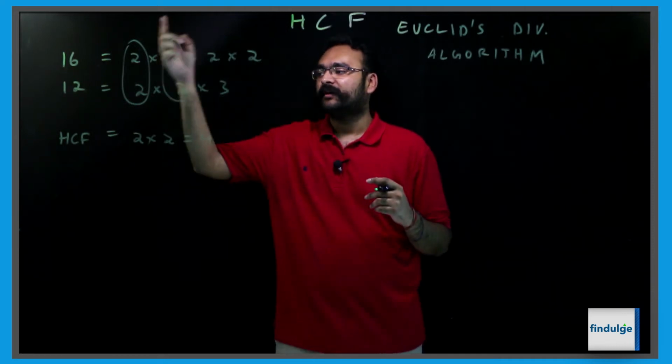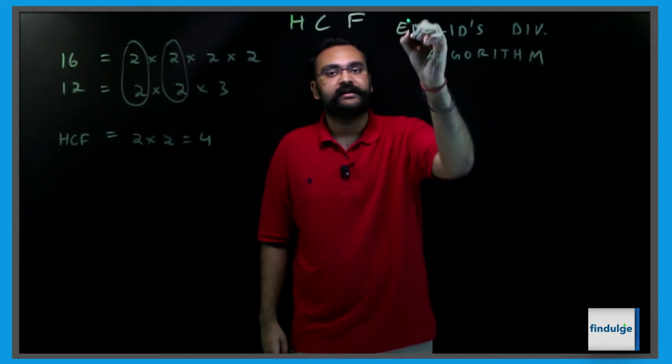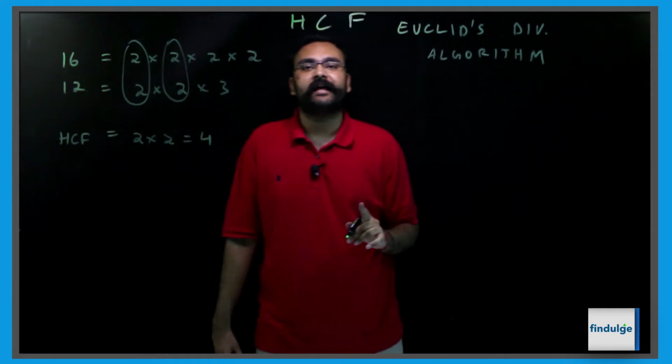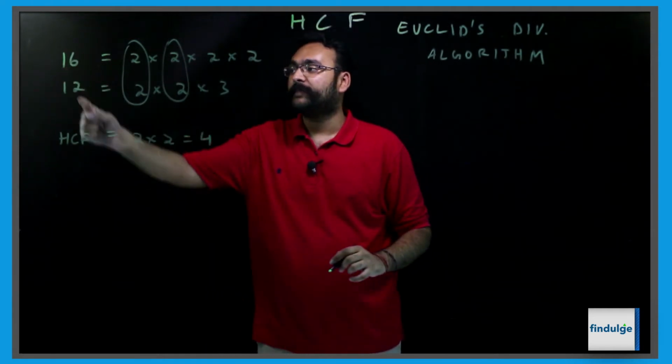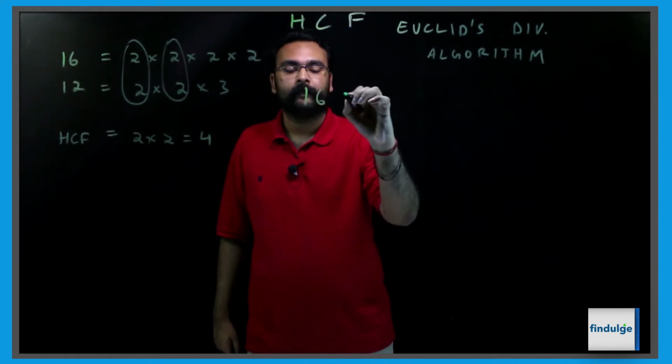In other words, every HCF can be found following a certain set of steps. How do we do Euclid's division algorithm? Let's take 16 and 12 again. Which is bigger? 16. So we'll write 16.